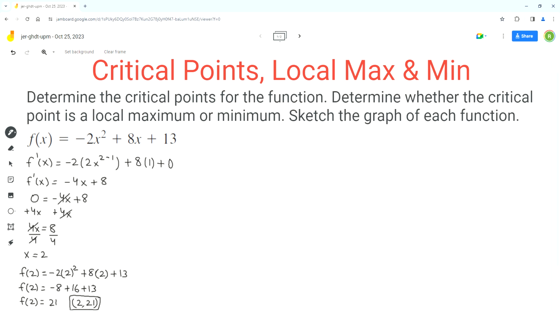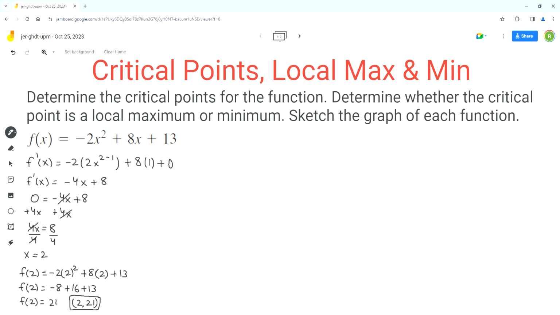Now we have to find whether the critical point is a local maximum or minimum, and for that we can use the first derivative test. So we should find whether the function is increasing or decreasing on the left and right side of this critical point. So we can use the number line method.